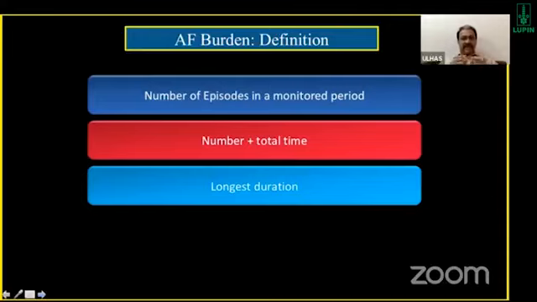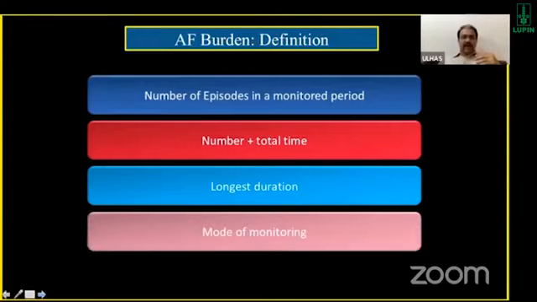And what is that? The number, the total time, and how long those episodes lasted, say, more than 1 hour or a few hours or more than 1 day or 2 days. That also needs to be taken into account when we describe the AF burden. And then what is also important is how you monitored the patient for the AF burden.